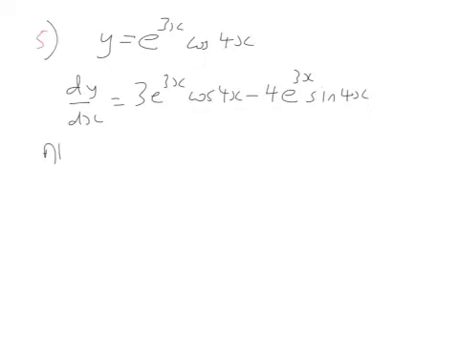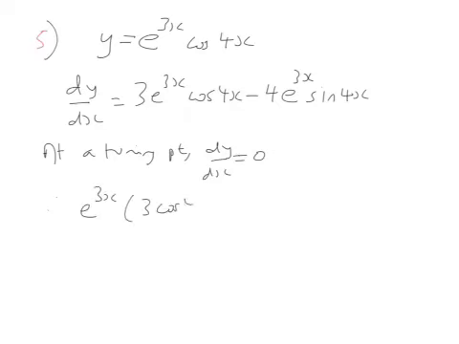Now at a turning point, dy by dx equals 0. So therefore e to the 3x times 3 cos 4x minus 4 sine 4x equals 0. Now e to the 3x doesn't equal 0, so therefore we get 3 cos 4x minus 4 sine 4x is 0.